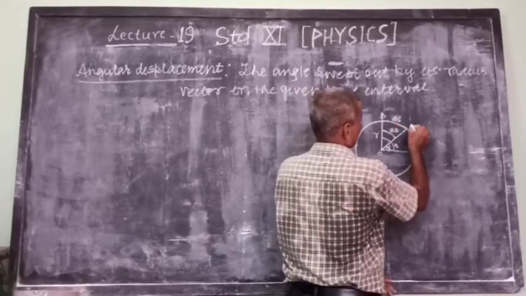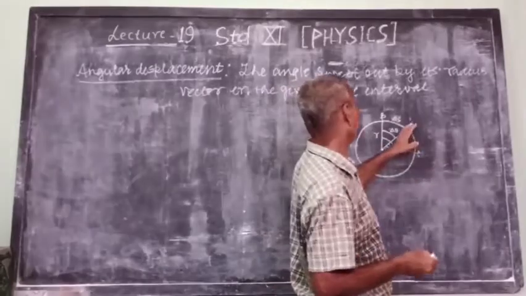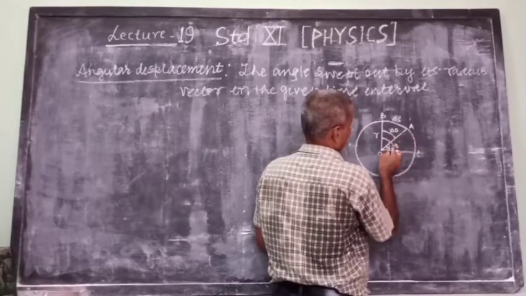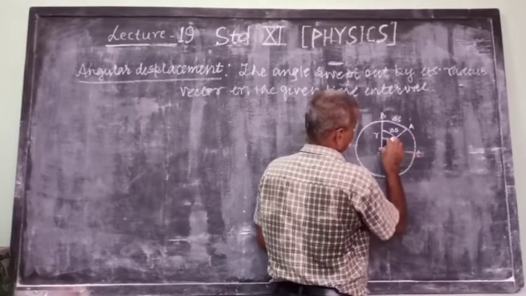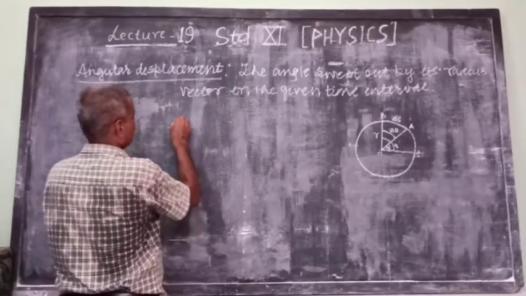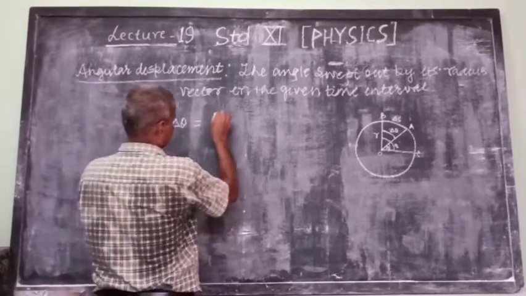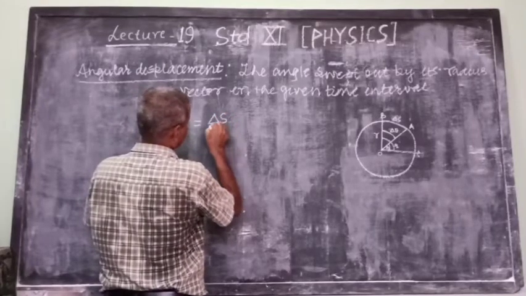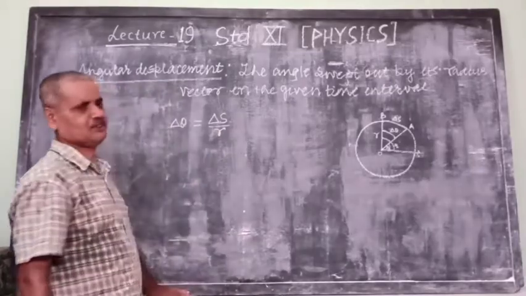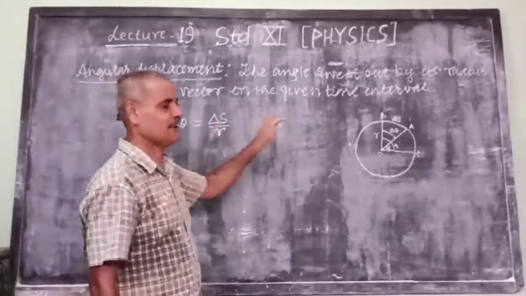The initial position starts from here. Suppose the particle reaches A in time t1 and B in time t2, making an angle theta 1 in time t1 and theta 2 from the start. So angular displacement can be written as delta theta, which is delta s by r, because there is a formula theta equals L by R radian, where L is the length of the arc.